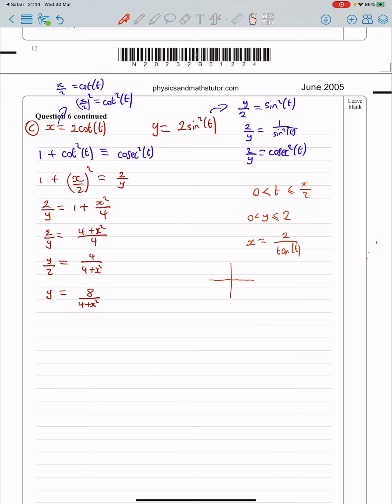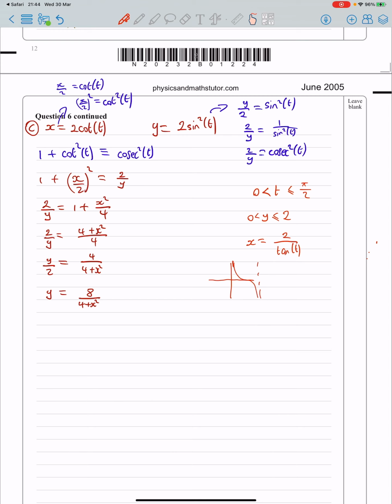Yep. And at 90 degrees, that's where it's quite close to 0. So the graph looks something like this. So that makes sense.